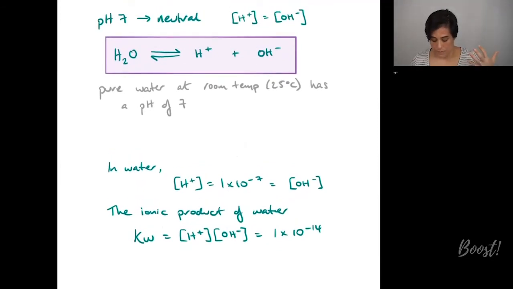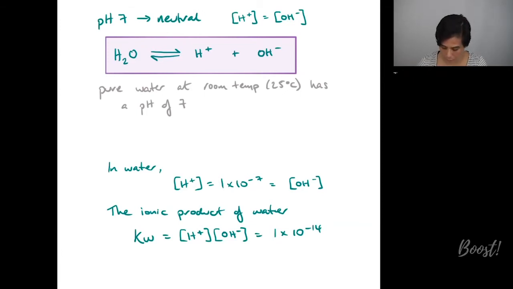pH of 7 being neutral and being the pH of water at room temperature. So it turns out, because of the pH 7 thing and the relationship between H+ ion concentration and pH, that in water at room temperature, the concentration of H+ ions must be 1 × 10⁻⁷.